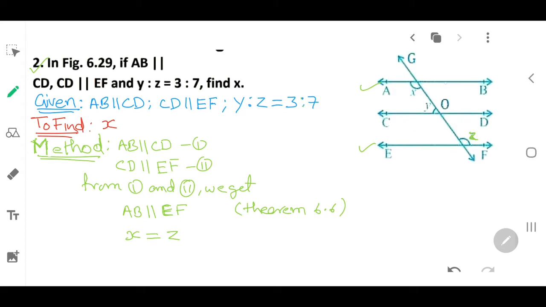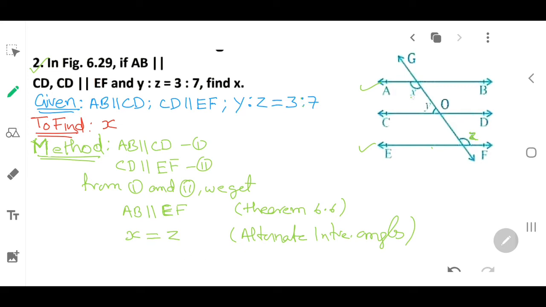Because AB is parallel to EF and we have learned the condition: if two lines are parallel, then alternate interior angles are equal. So x and z are what? They are alternate interior angles.